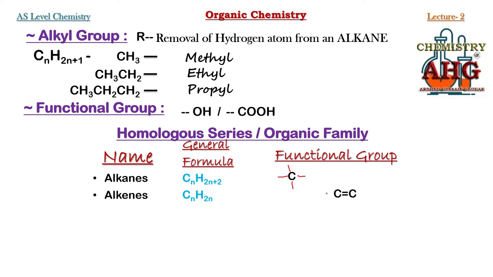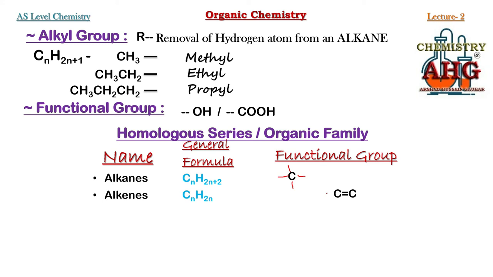So remember, alkanes and alkenes are both hydrocarbons, but alkanes have single covalent bonds, while alkenes have at least one double covalent bond.